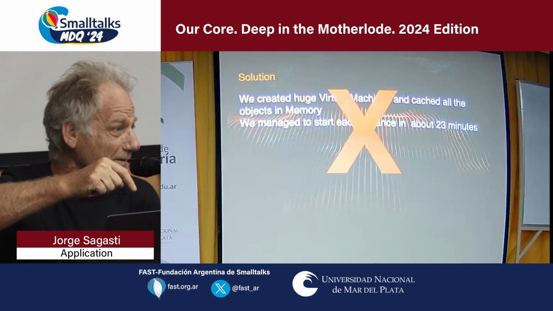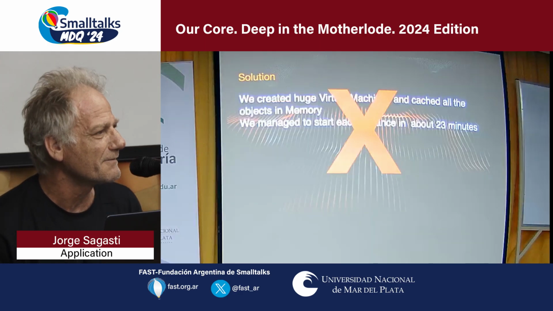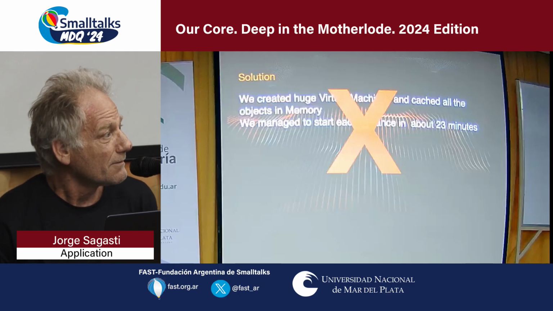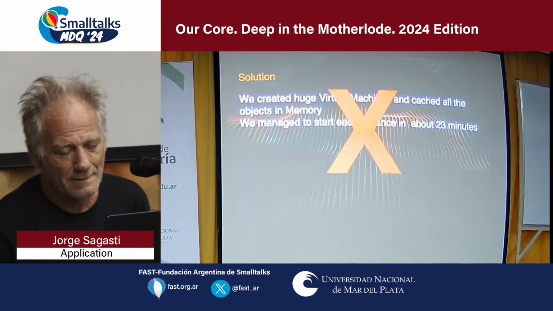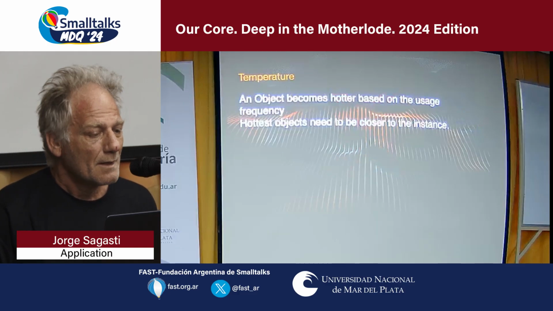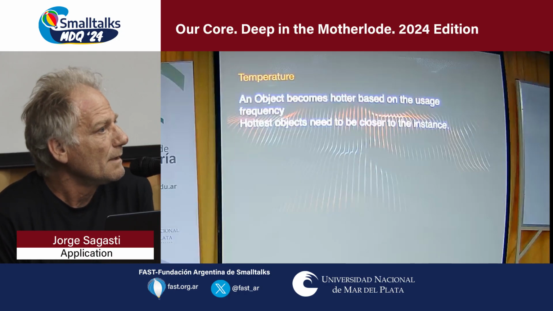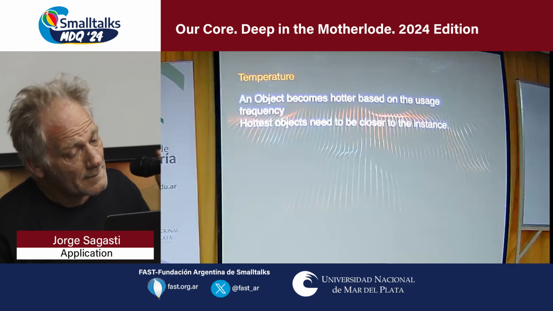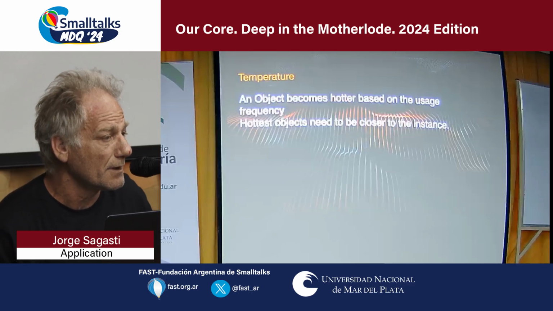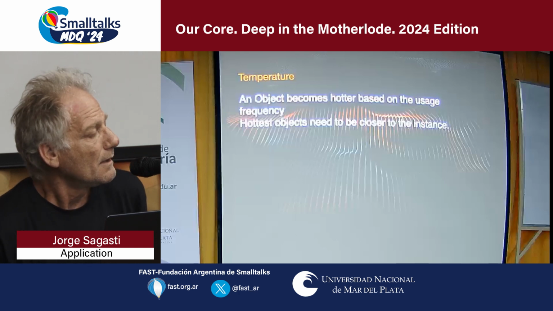we thought about this at the beginning when we had about 10 users, but it didn't scale nicely. So we had to go back and think for a while. And we have the concept of temperature. The temperature of an object for us is based on the user's frequency and when we are going to need it.